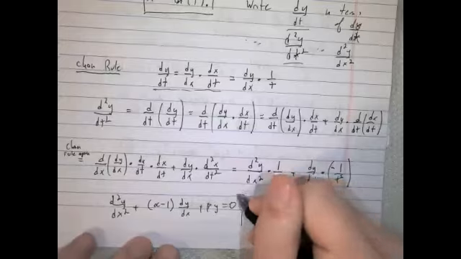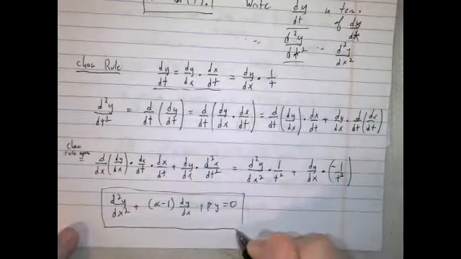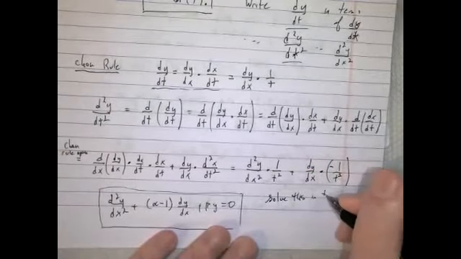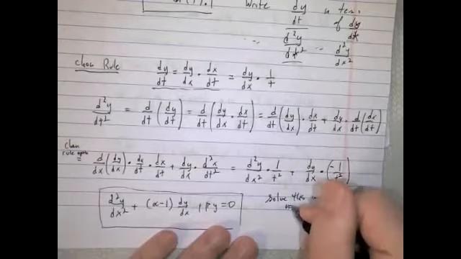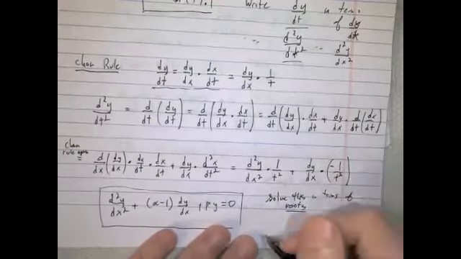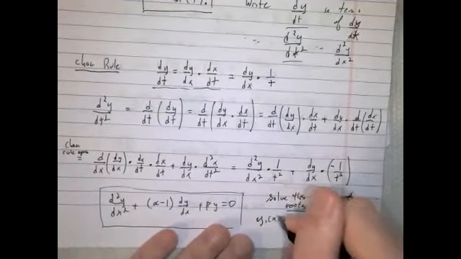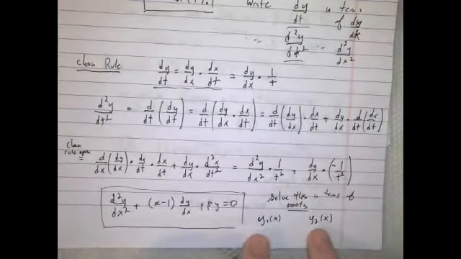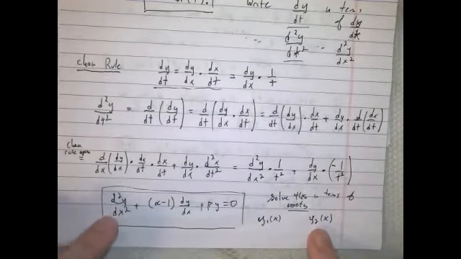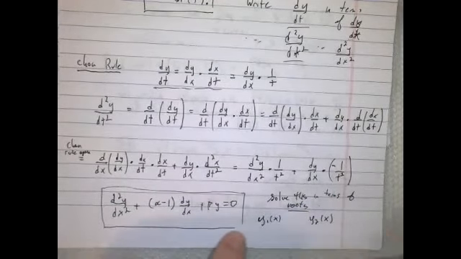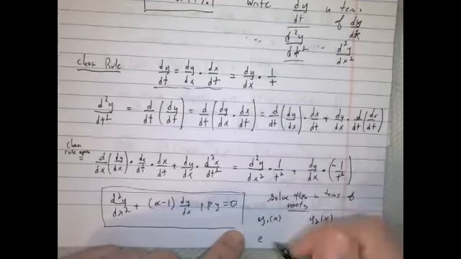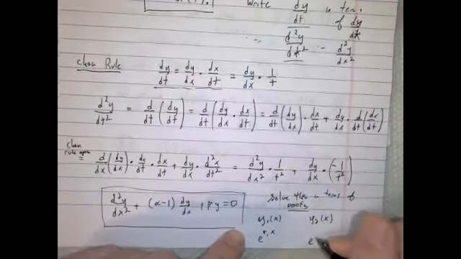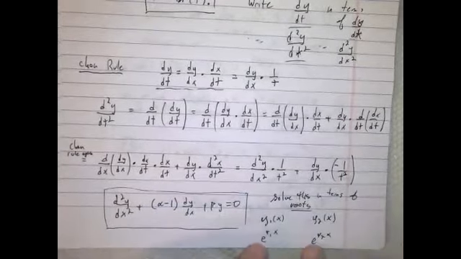Yeah, we can solve this in terms of roots, and we'll get solutions y1 of x and y2 of x, because now this is a differential equation where y is a function of x. So my solution 1 will look like y1 of x is equal to e to the r1 x, and here it'll be e to the r2 x. These are our two solutions.